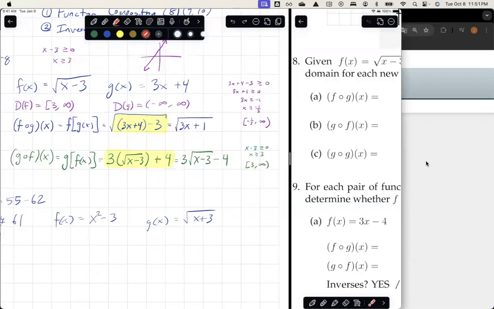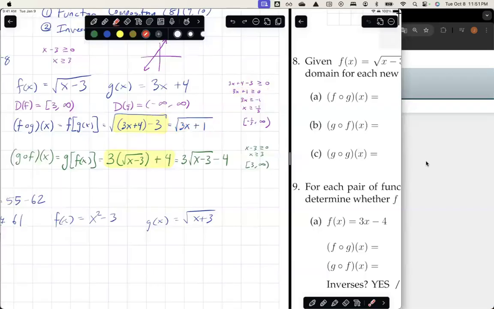Okay, that doesn't always happen. As you can see here, the domain of the first composition that we did was not equal to the domain of either one of the two functions by themselves. Okay. And you might have thought maybe when we were doing this problem here with the f of g, why didn't I just take this 3x plus 1 and use this function here to find the domain, and set it greater than or equal to 0?